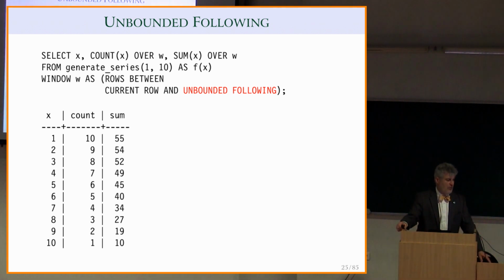Okay. So the first row is 55 because it added 10 rows. The second row is 54 because it added 9 rows. Third row is 52 because it added 8 rows and so forth all the way down. And of course, the last row is 10 and it counted 1 row. Any questions? Okay.